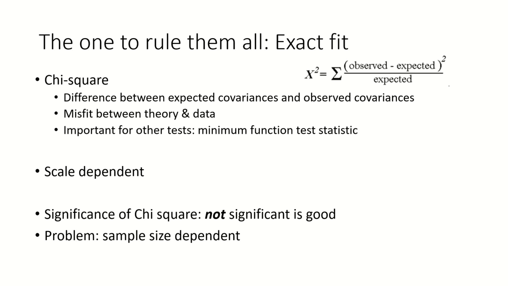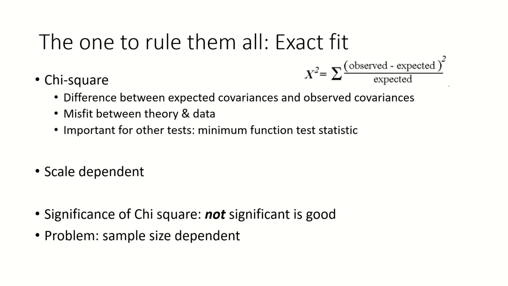The problem is that chi-squares are scale dependent because, as you know and remember from your take-home test, covariances are scale dependent. So they are expressed in terms of the measurement units that we used in our experiment or in our survey. So a high or low chi-square doesn't really mean much.